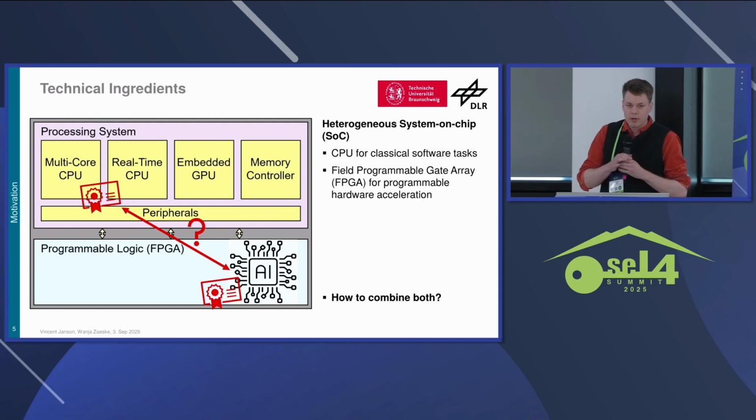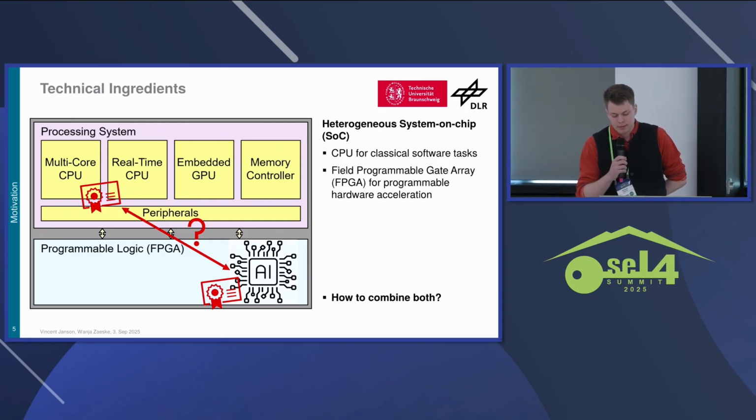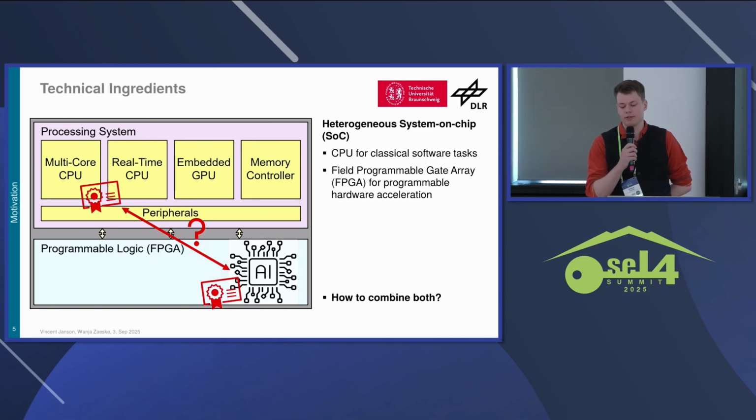So with these requirements set out, we went into the supermarket and did some ingredients shopping, and it became quite evident to us that heterogeneous system-on-a-chip solutions are quite attractive. What do I mean by this?